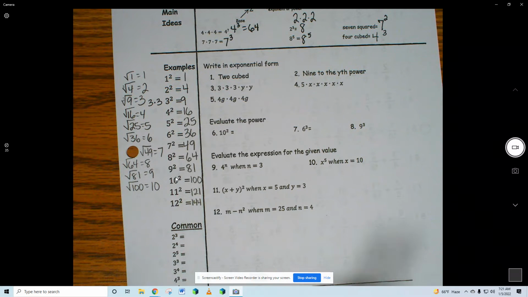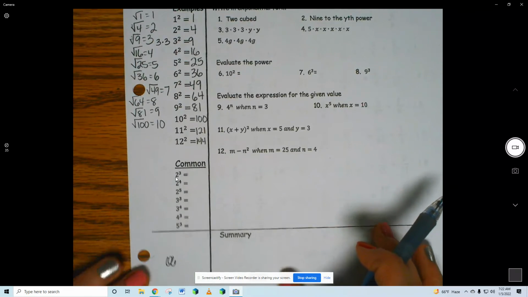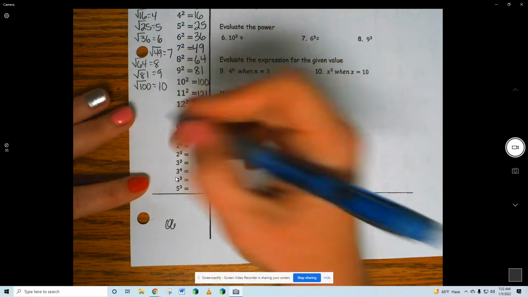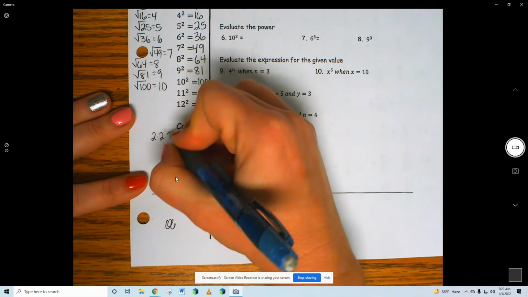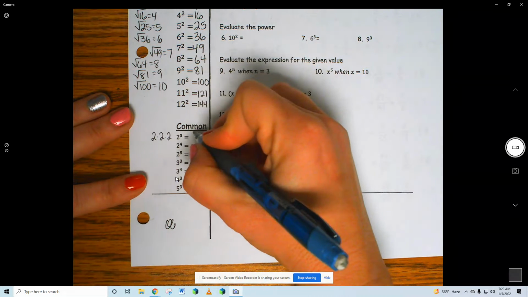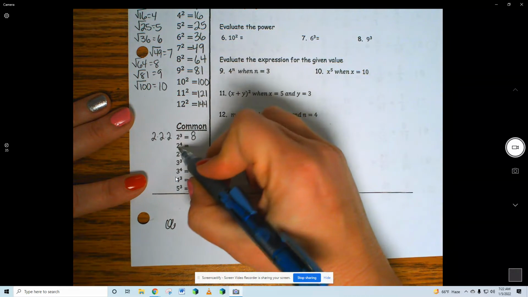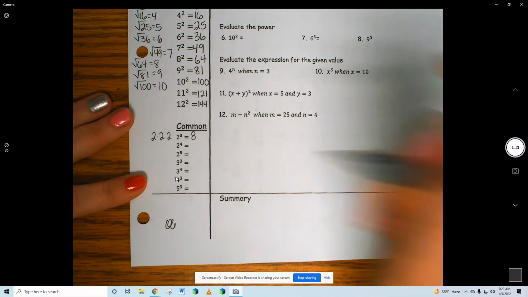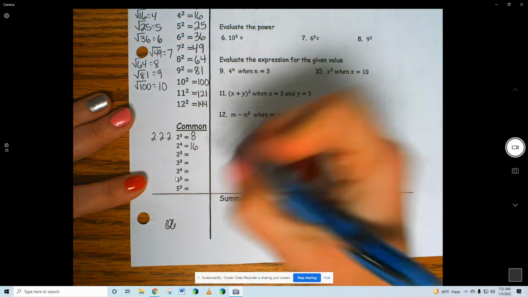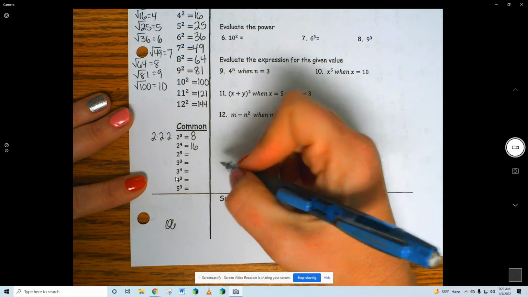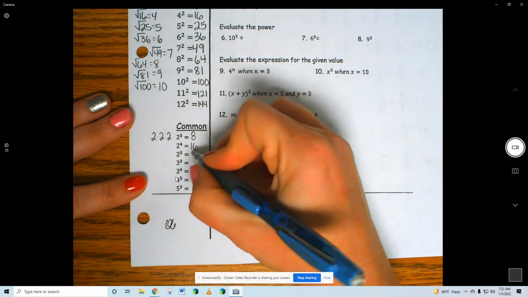All right, common. 2 cubed. 2 times 2 times 2, what is it? 8. Can I have new volunteers, please? 2 to the 4th. That one's on the board. I had you write it. 16. 2 to the 5th, which is like 16 times 2. 32.